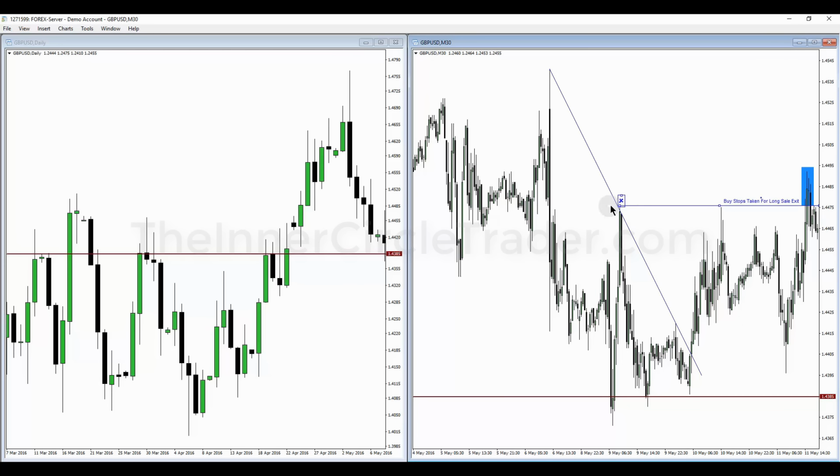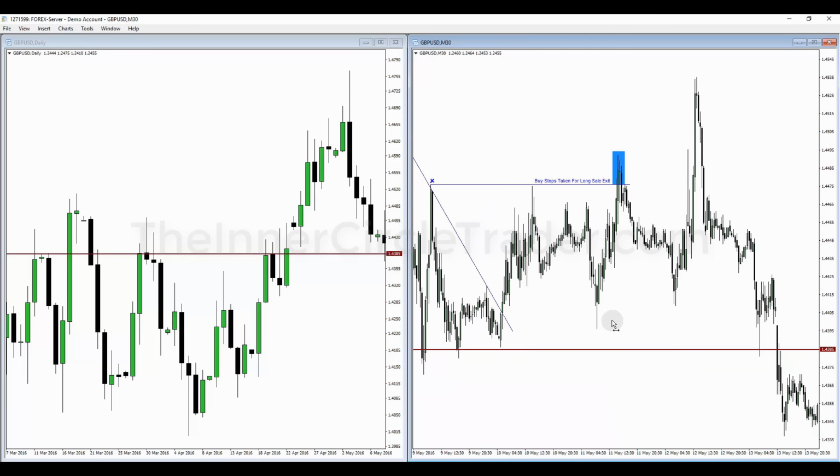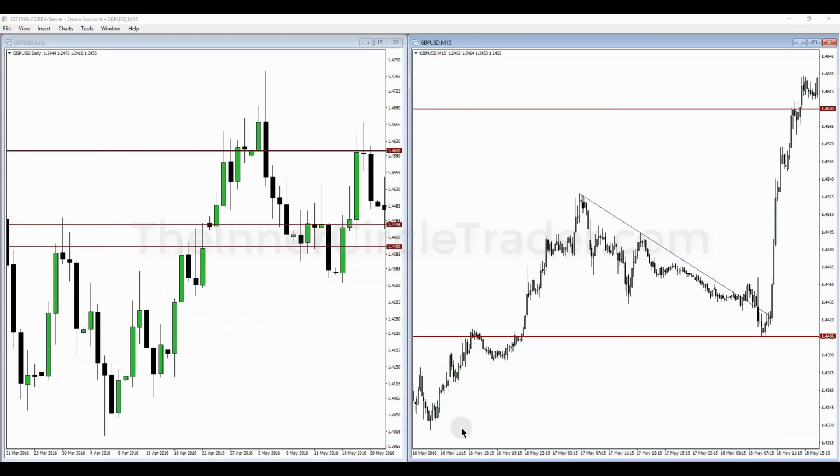Buy stops hit right there. You can see that happening here. Buy stops hit right here. Then you'd be permitted to see lower prices because we've seen the highs taken out here in the form of a buy stop raid. And then now the liquidity below here would be allowed to be tested. And you see that happening there.